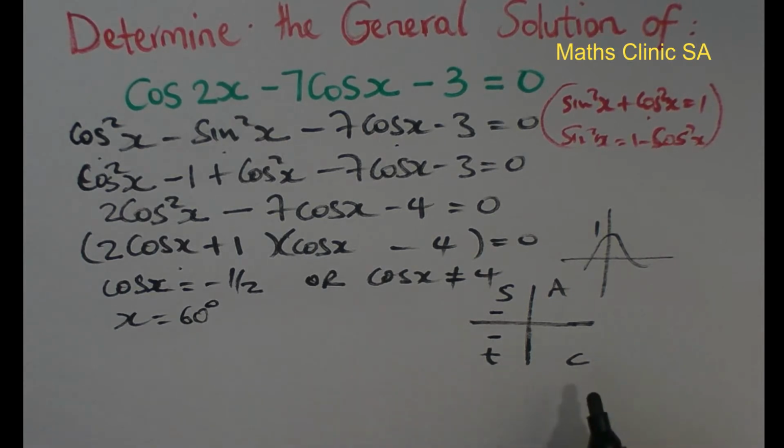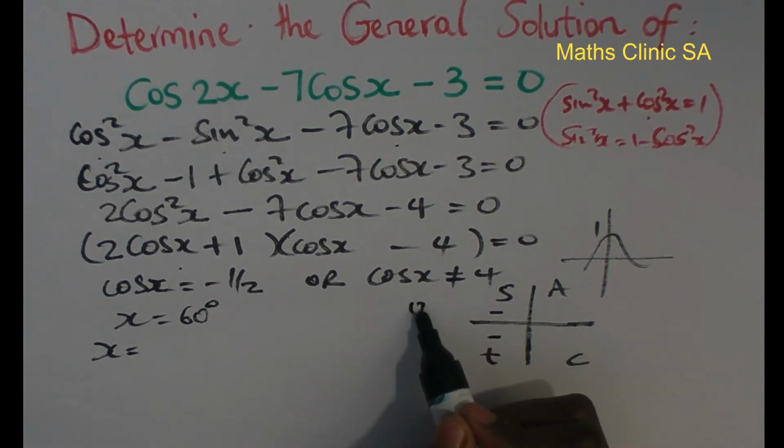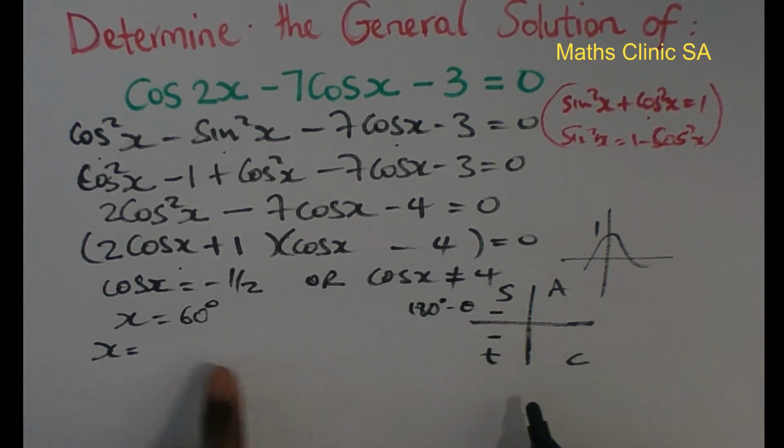So what we want is the general solution. So x equals: in the second quadrant, it's 180 minus our theta, which is 60.